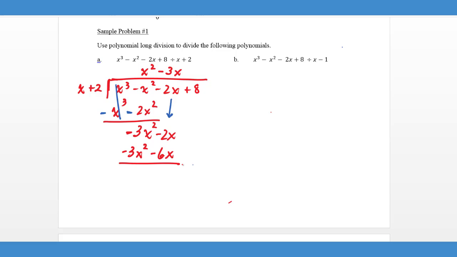And of course, if I subtract that whole thing, that makes both of these positive values, and the 3x squareds cancel out, and that leaves me a positive 4x. Lastly, I've got to drop down the term of 8.